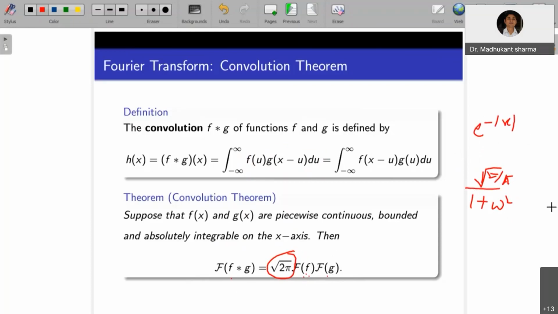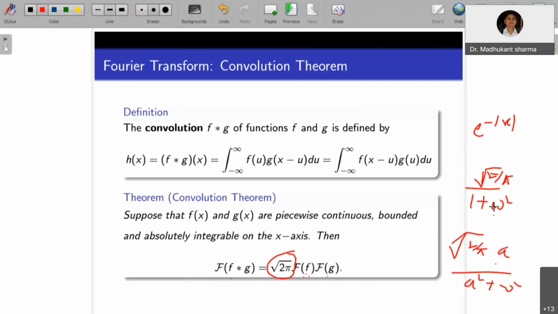We have also seen that square root of 2 by pi times a divided by a square plus w square was the Fourier transform of e to the power minus a mod x.